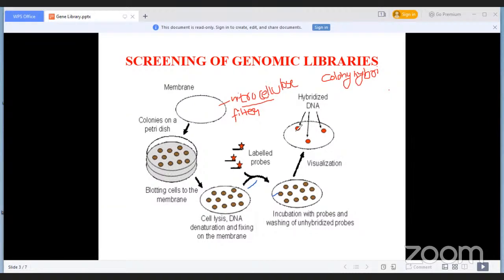In the first step, the bacterial culture is covered with nitrocellulose paper. Actually, this paper is treated with alkali chemicals.